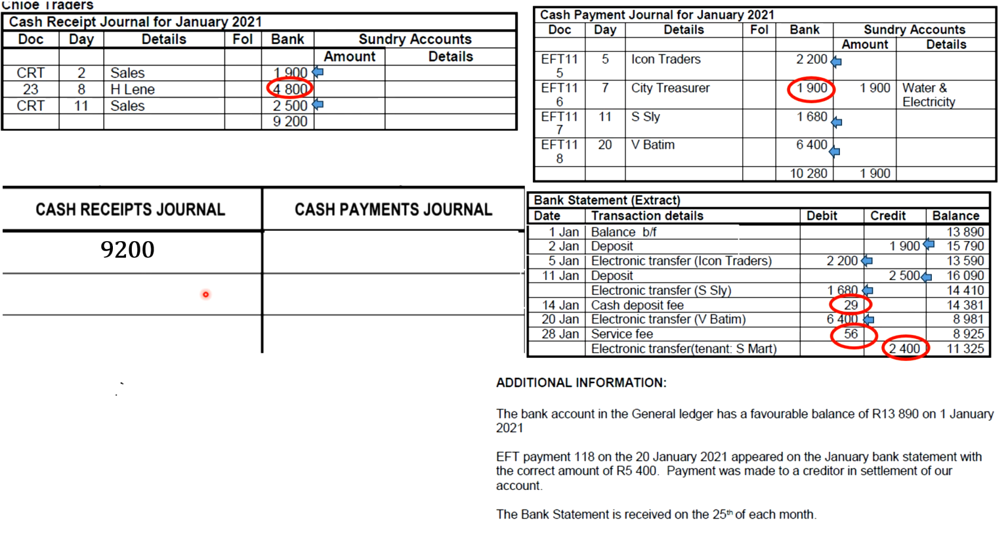Now we're going to record the amounts that show up in the bank statement but do not show up in our cash receipt journal. We're going to add that amount, and that amount is the 2,400. So we're going to put that amount there. Then when you add the two up, you're going to get 11,600.